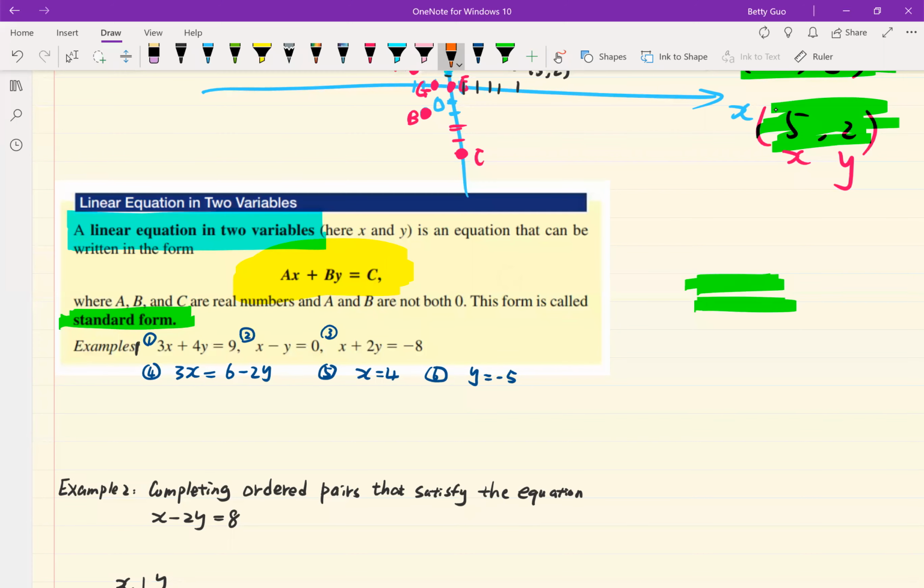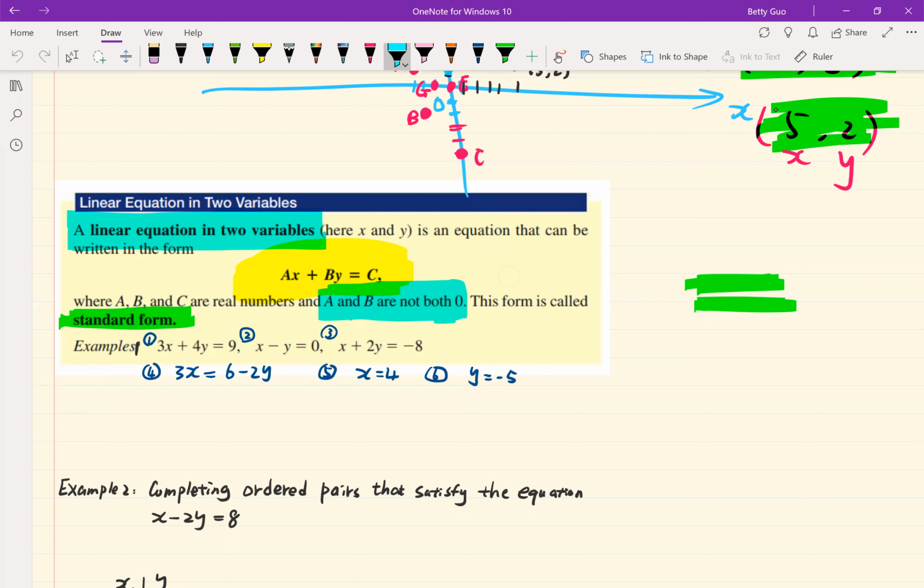A and B cannot both be zero. This is a very important condition, and we will spend time on the details. A and B are not both zero, which means one is zero and the other is non-zero, and that is okay. C is the constant on the right-hand side of the equation.